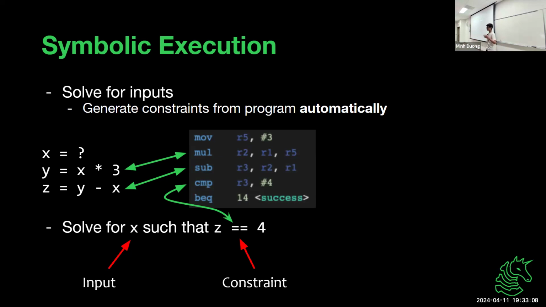Usually when you execute a program, let's say you have a function with 2 arguments, and this function returns x plus y. Usually you would give this some numbers as arguments, let's say these are integers, and it would give you a number out.